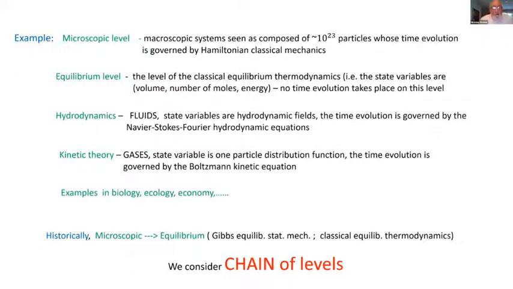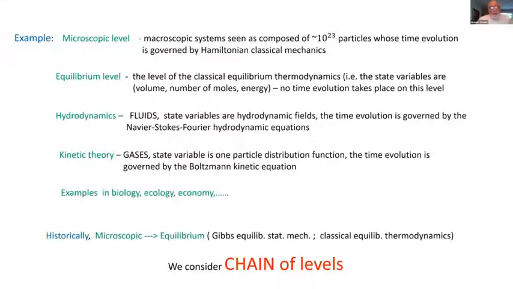And so we have some kind of chain of levels. On the left are the more microscopic, the upper, and on the right the more macroscopic, with less details. The extreme of less details is the level considered in equilibrium thermodynamics, where there is just the volume, number of moles, and energy.